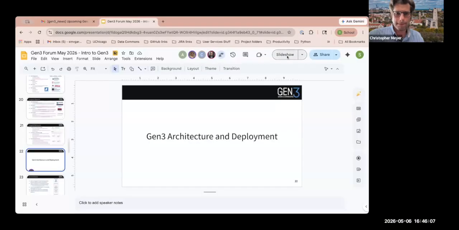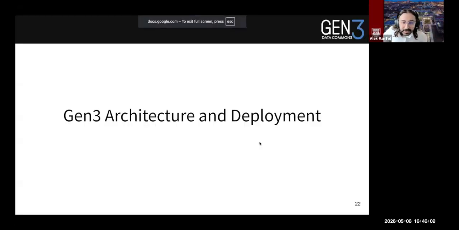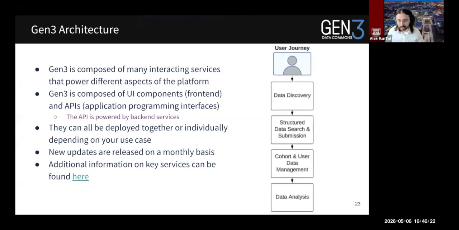Yeah, thanks, Chris. Hey, folks. I'm Alex. I'm a senior software architect here, and I'm going to step back a little bit and look at how all of these pieces connect. So, we just saw how there's a lot of different ways that you can use Gen3.